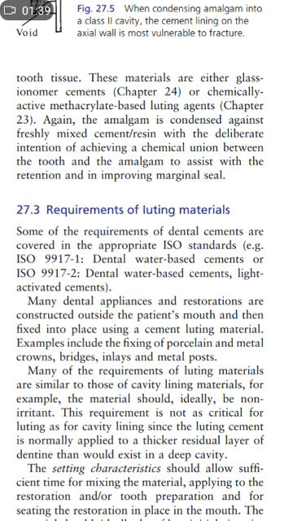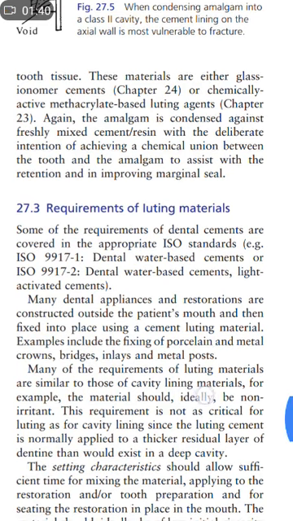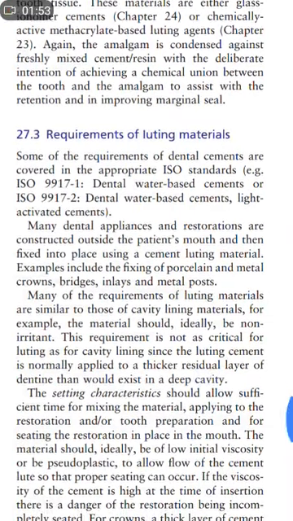Again, the amalgam is condensed against freshly mixed cement, with the deliberate intention of achieving a chemical union between the tooth and the amalgam to assist with retention and improving marginal seal.